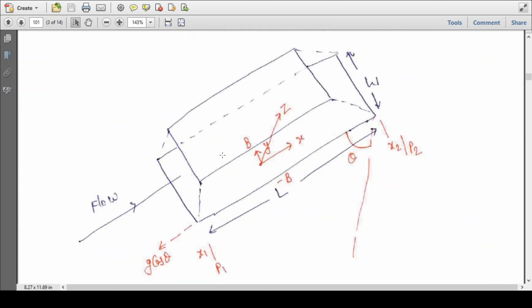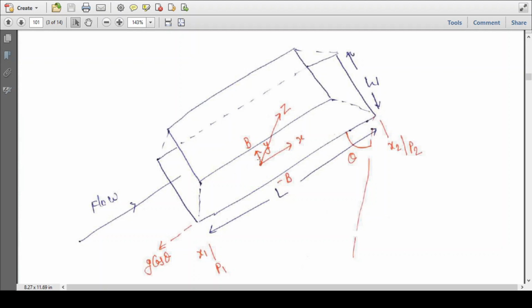So if we draw the schematic of the flow, you can see that this is the top plate and this one is the lower plate. The gap between the two plates is what we have considered as 2b.